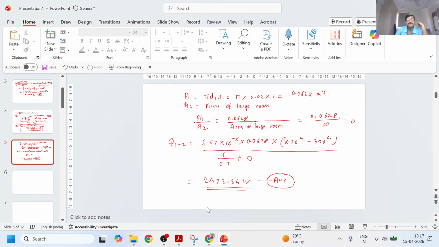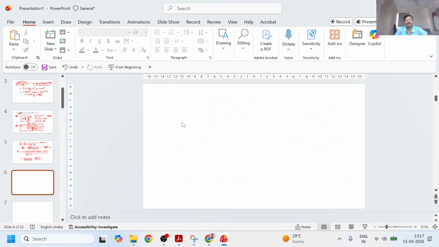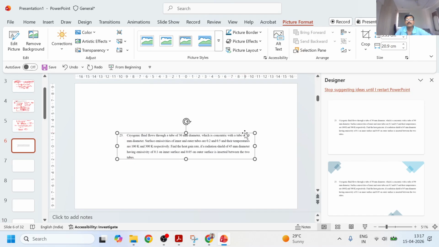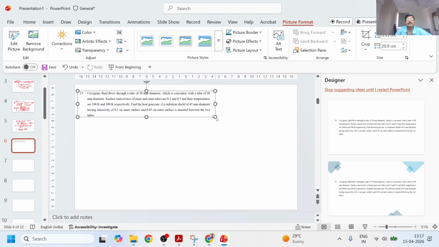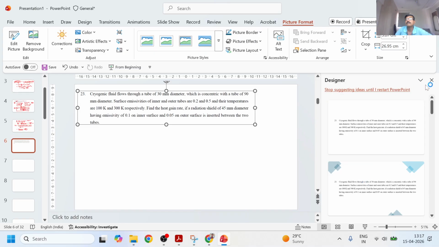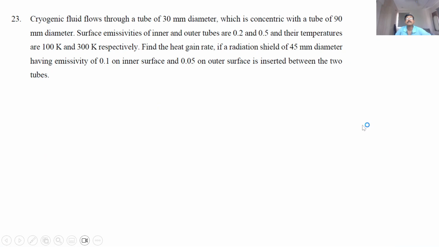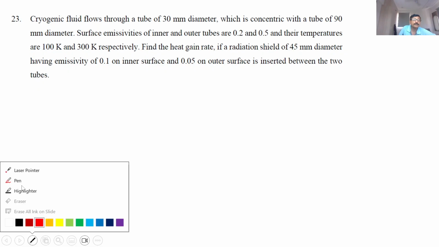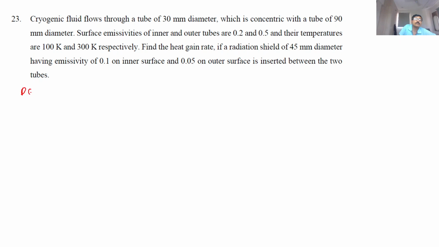Let's copy paste this PPT. Start writing the data. A cryogenic fluid flows through a tube of 30 mm diameter, which is concentric with a tube of 90 mm diameter.